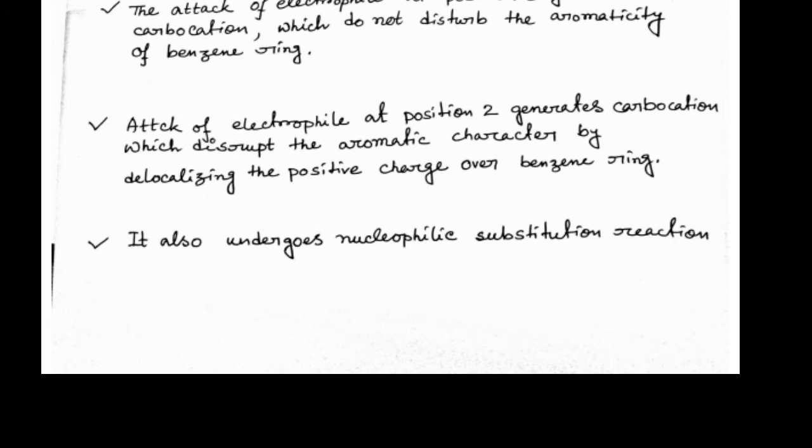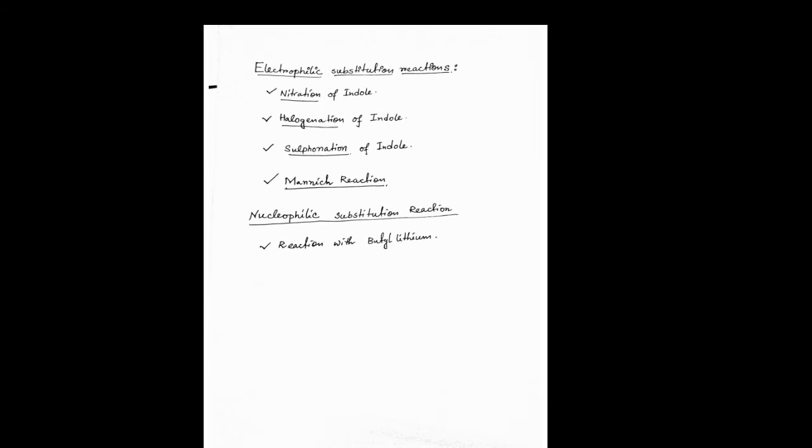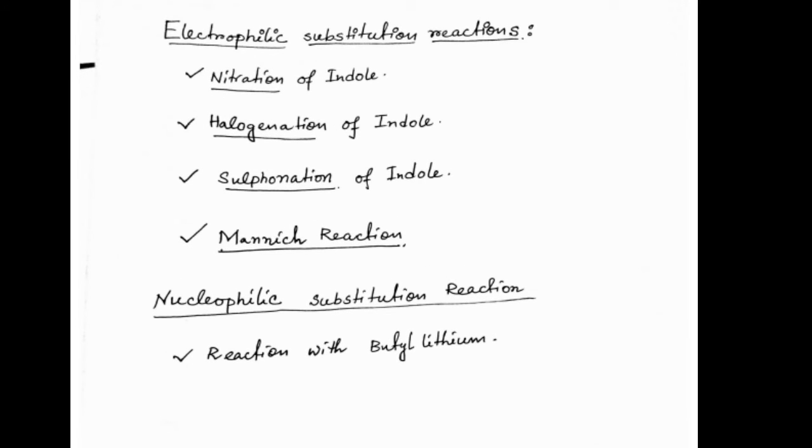Now, as well as electrophilic substitution, there is also nucleophilic substitution for the indole structure. This is a list of substitution reactions. Among the different electrophilic substitutions, we will focus on 4 reactions here.